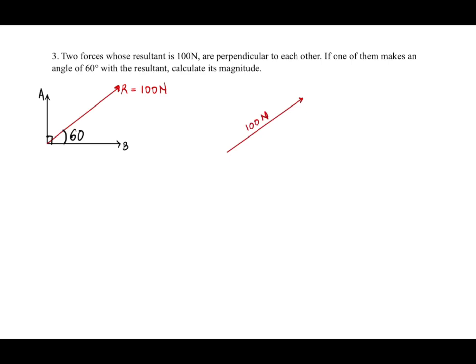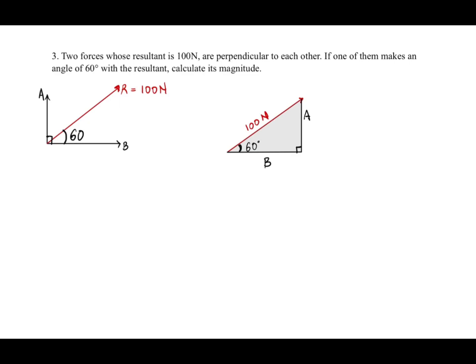We have one force here and another force here. This is A and this is B. And we know that the angle between the resultant and B here is 60 degrees. And then this here is our 90 degrees.